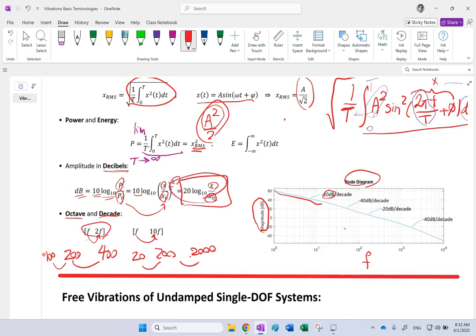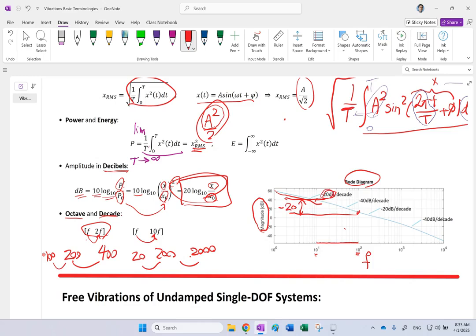What does it mean? Decade means you go from 1 frequency to 10 times bigger. It means in this range of frequency going from 10 to 100, the amount that this magnitude has dropped is how much? Negative 20 decibel or positive 20 decibel, depending which direction you do it.